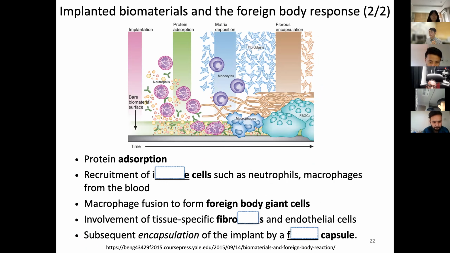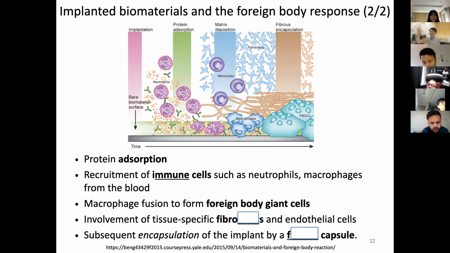Other specific aspects of this implantation: we see protein absorption and recruitment of immune cells such as neutrophils and macrophages from the blood coming in. You can see neutrophil and monocyte come in and turn into macrophages. Then macrophages fuse to form a foreign body giant cell, which you can see as FBGCs.